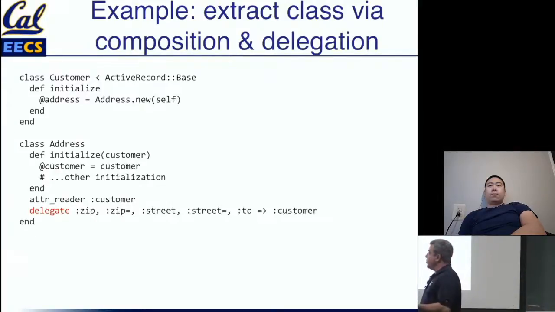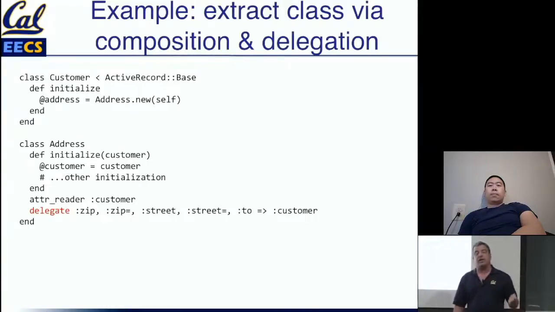It is worth asking the question whether behaviors related to the address actually belong in the customer class or not. Even if it's the case that there is no other type of model that has the concept of having an address, you could argue that things like validating a zip code or canonicalizing a mailing address are not things that are about a customer. Those are behaviors that can be isolated in some other class.